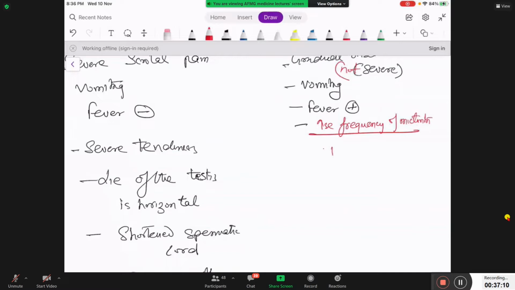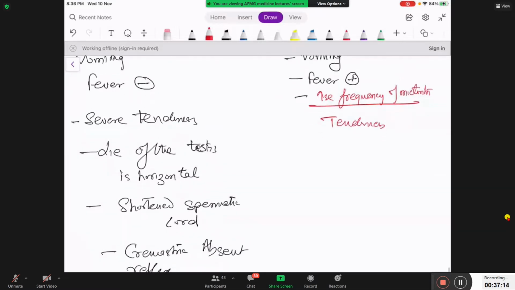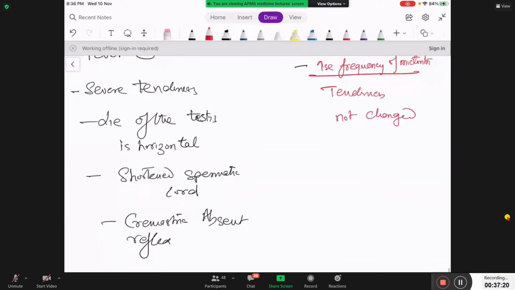Then there will be tenderness here also. In this, the lie of the testis will not be changed. In this, the cord, instead of being shortened, will be thickened.